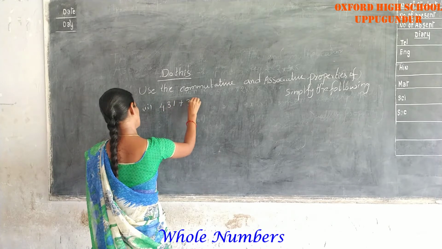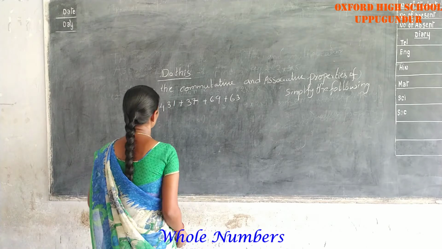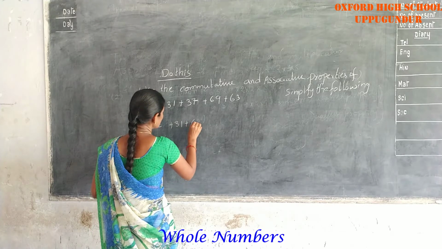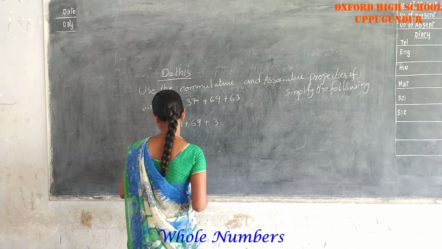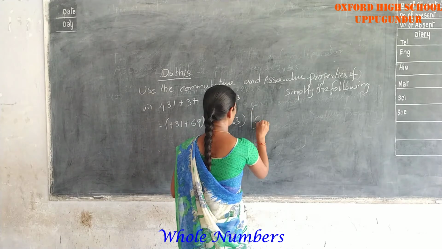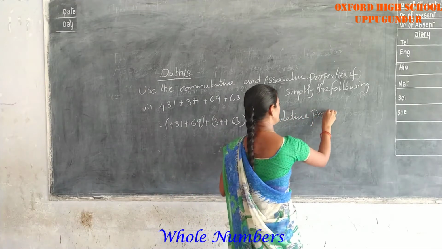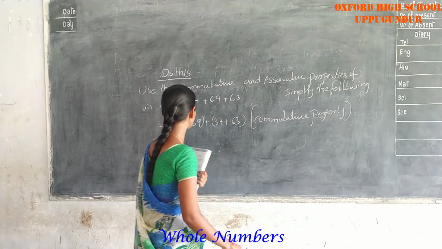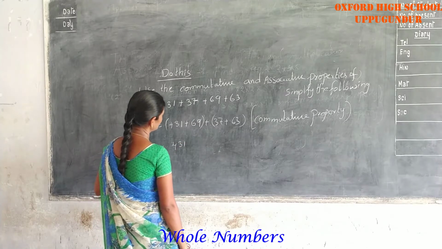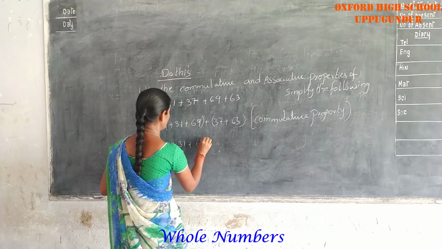431 plus 37 plus 69 plus 63, that is equal to 431 plus 69 plus 37 plus 63. This is commutative property.